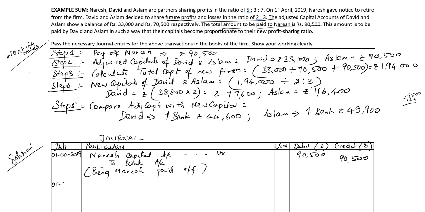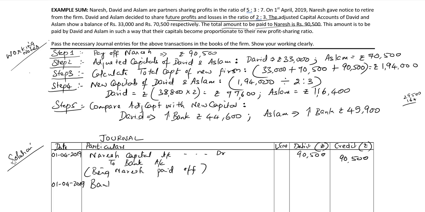Same date, second journal entry. We'll pass a combined journal entry for David bringing in 44,600 rupees and Aslam bringing in 45,900 rupees.